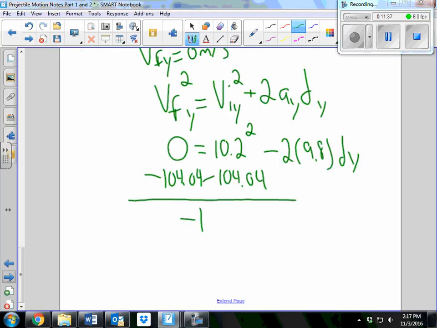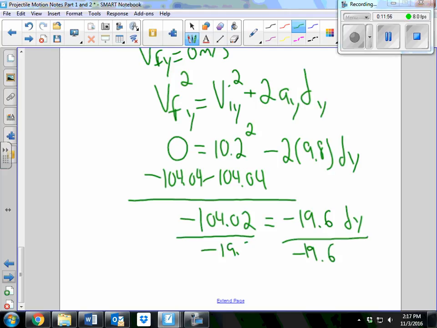So I have negative 104.04 equals negative 2 times 9.8, which would be negative 19.6 dy. So then I divide out the negative number. Negative 19.6, negative 19.6. So 104.04 divided by 19.6 equals, so our distance in the y, or our height, came out to be 5.3 meters.